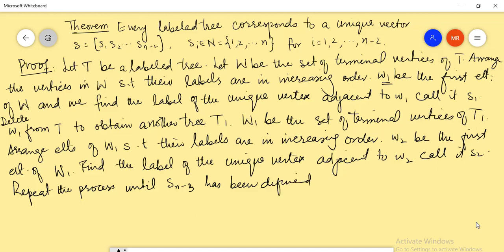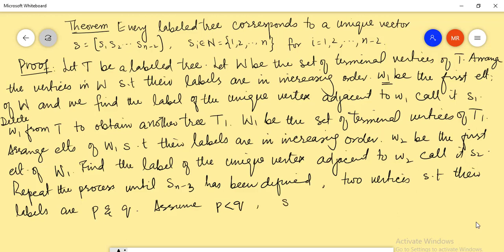And at this stage, we have a tree with only 2 vertices such that their labels are P and Q. Assume P is less than Q, then we mark S(n minus 2) equal to P. And hence, we have that unique vector S1, S2 up to S(n minus 2), where Si are from this set for each i from 1 up to n minus 2.